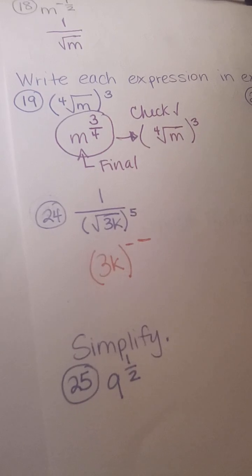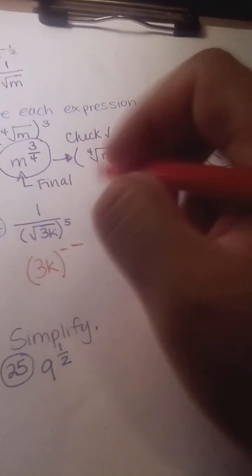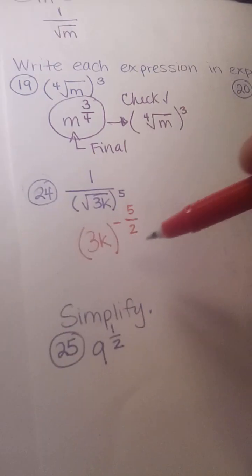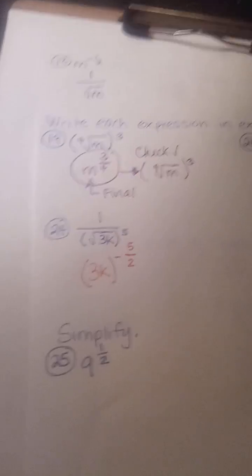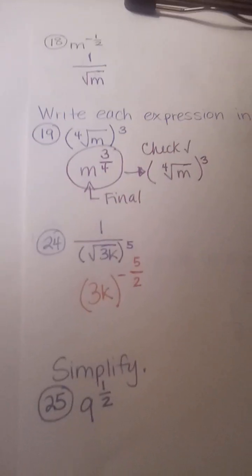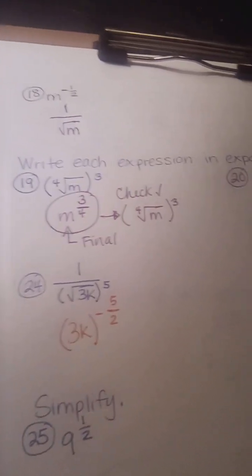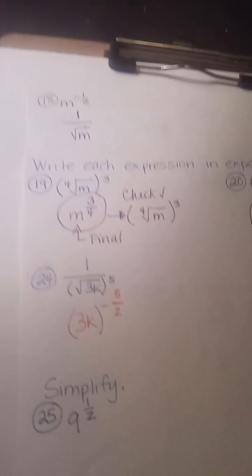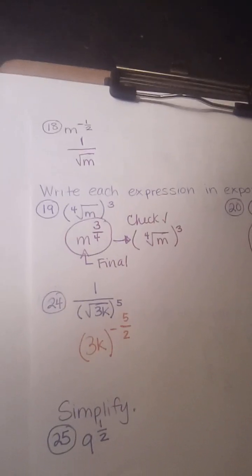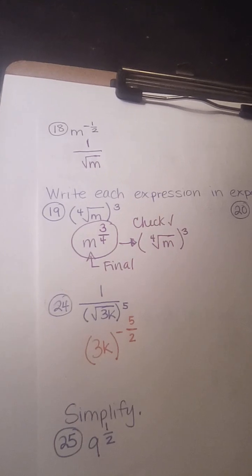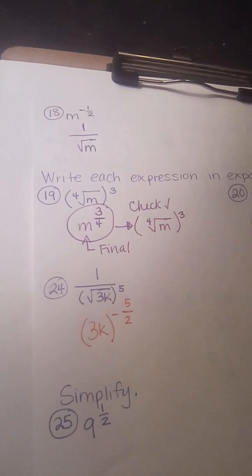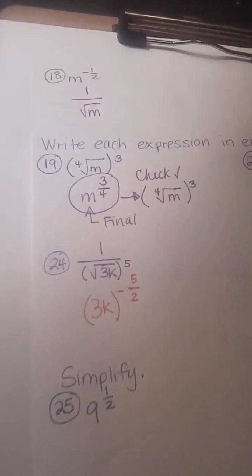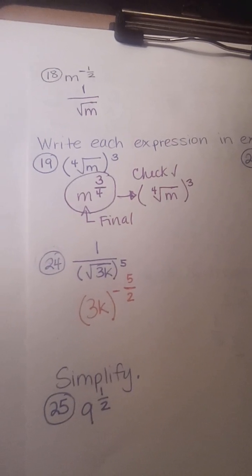The 5, right? And the 2 goes inside. There you have it. We're going backwards. Since we have the fraction, we put it over, like in the exponential form. That's how you do this when you're converting a fraction with the square root. And this is how you do it in the exponential form. So any questions on number 24?